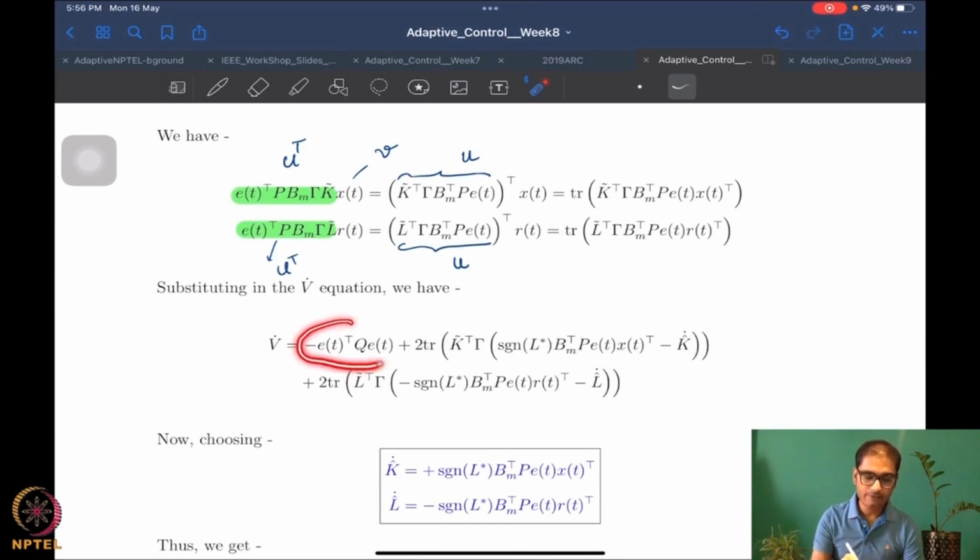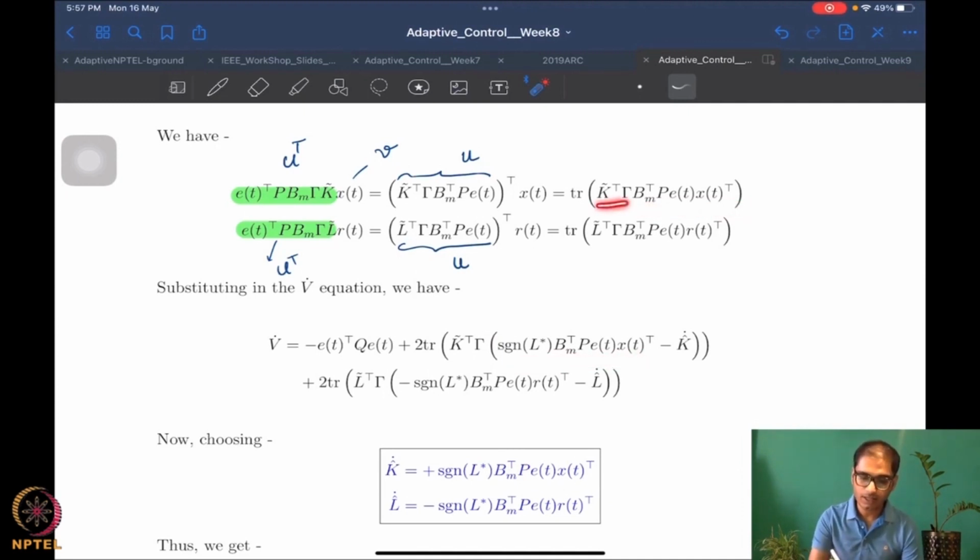I'm again left with this nice negative definite term. Then I have a twice trace, signum L star remaining as it is. Because this is a scalar, I can move it around wherever I want, so I move it inside here. Then I take the K tilde gamma out. So I get a signum L star from this term, signum L star BM transpose PE X transpose.